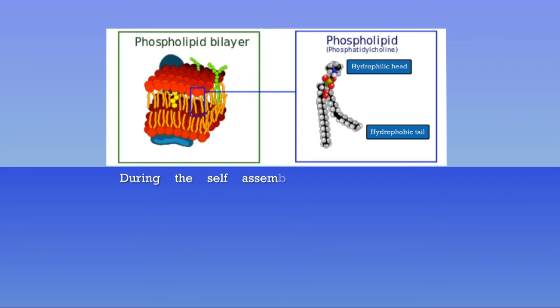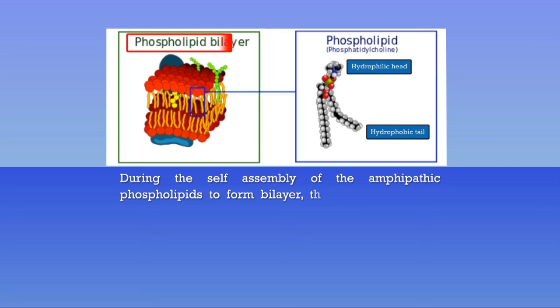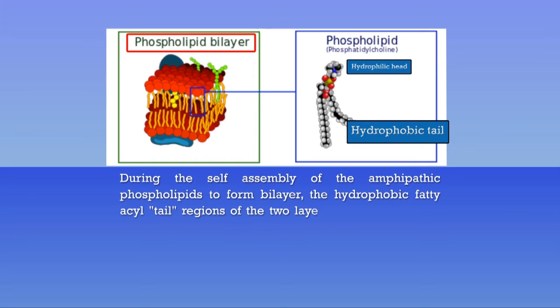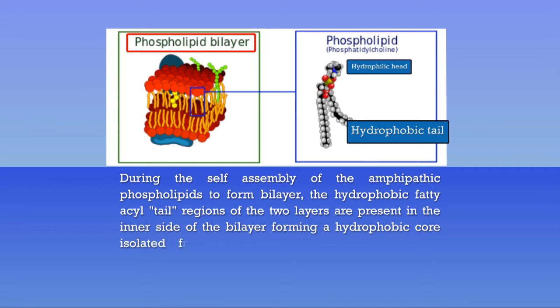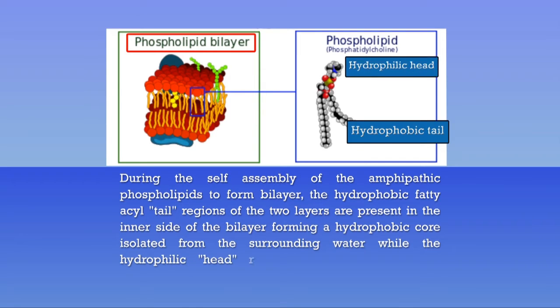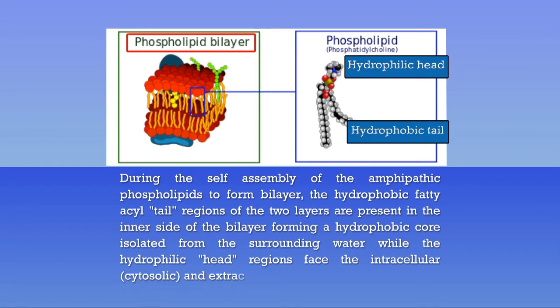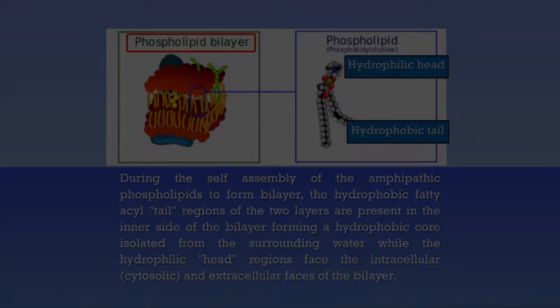During the self-assembly of amphipathic phospholipids to form a bilayer, the hydrophobic fatty acyl tail regions of the two layers are present on the inner side of the bilayer, forming a hydrophobic core isolated from the surrounding water, while the hydrophilic head regions face the intracellular or cytosolic and extracellular phases of the bilayer.